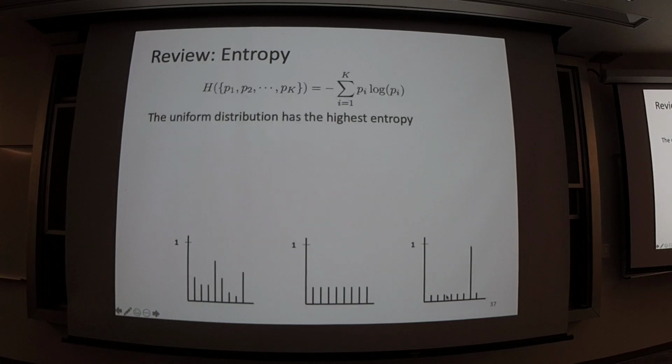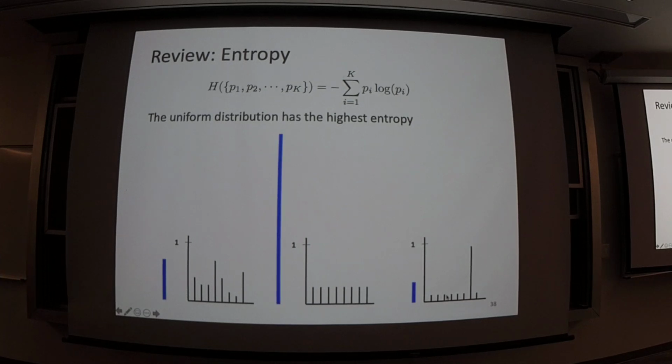Okay. So in the general case, suppose we have k possible categorical labels, and we can prove that if the labels follow a uniform distribution, then the entropy of your data set is the highest, meaning that the purity of the data set is the worst, because all kinds of labels are uniformly mixed.